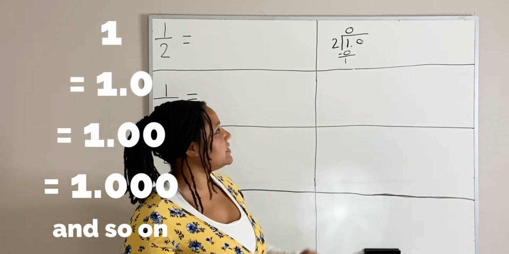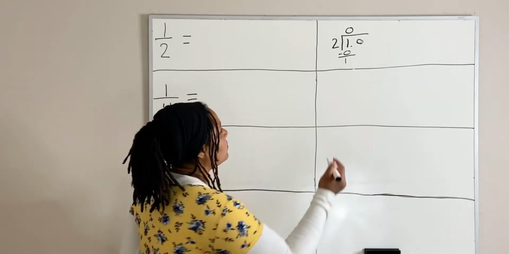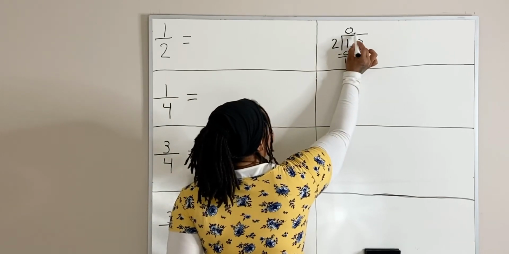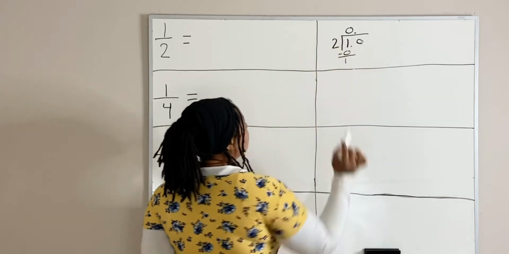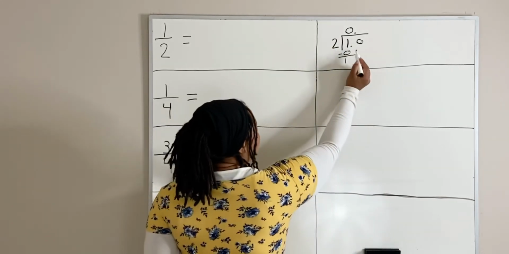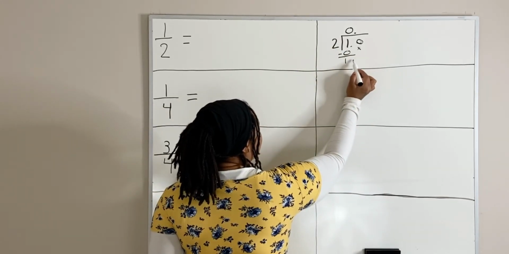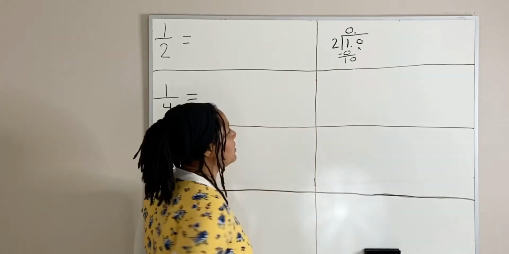I'm just adding a 0 because that's how we have to continue. So make sure you line up your decimal right above here. So now that we have our 0, we're going to bring down our 0 here.